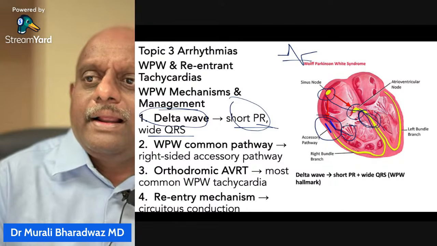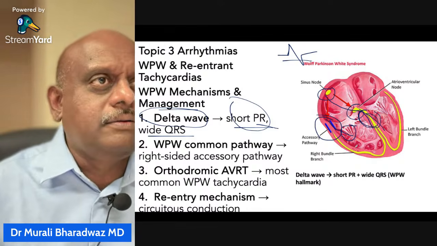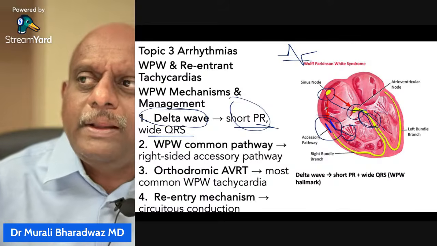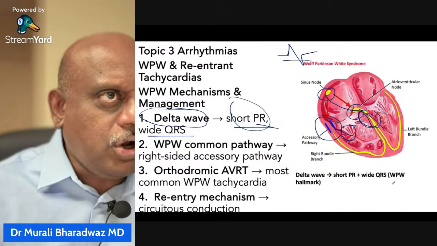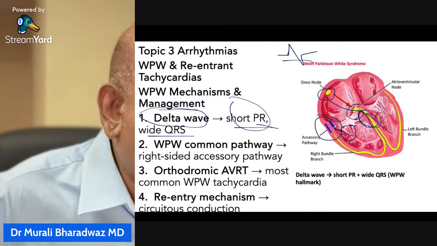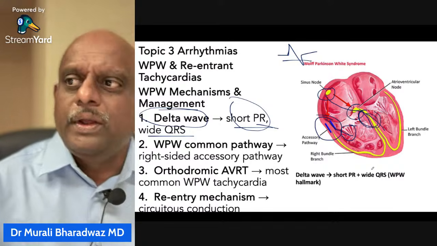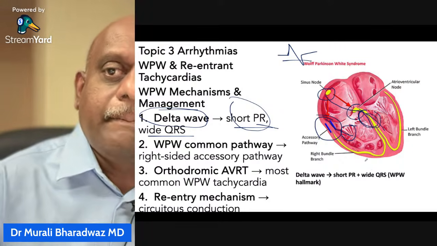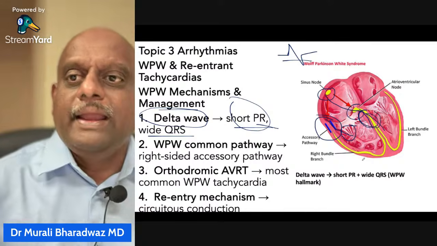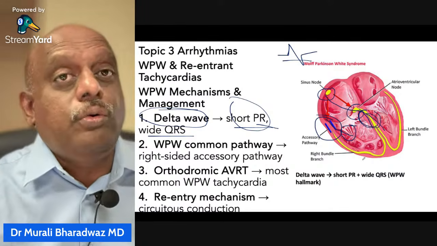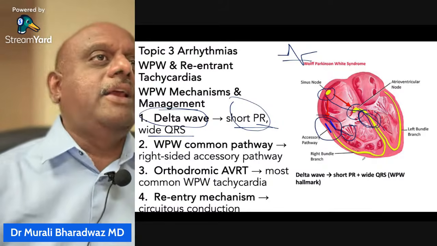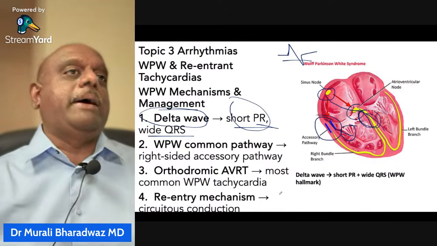That can occur orthodromic or antidromic. Orthodromic means from atria into ventricle, or from ventricle into the atria. So the most common type that you see is orthodromic AV reentrant tachycardia, is what we need to basically remember.